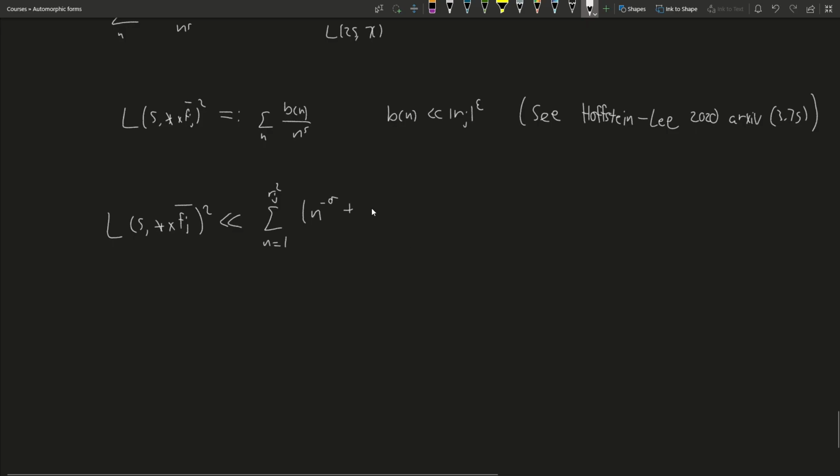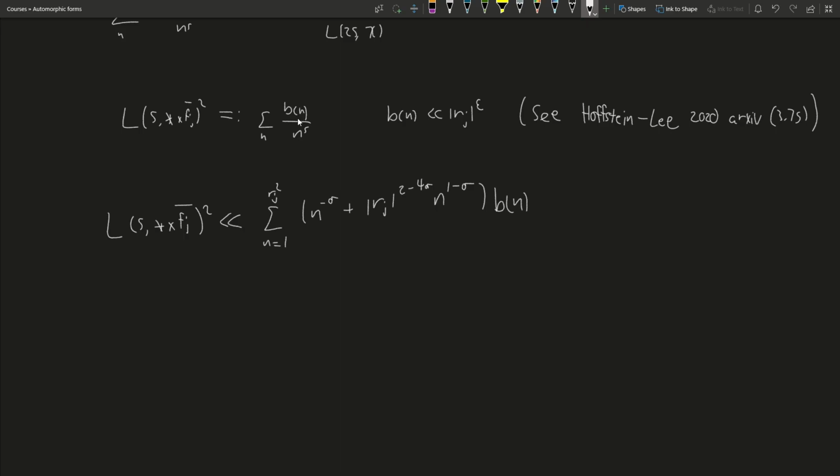So this analytic conductor is going to be r_j to the 2 minus 4 sigma, right? Because it's 1/2 minus s of r_j to the 4, and then you have an n to the 1 minus sigma here, and this is multiplying your Dirichlet coefficient b_n, right?